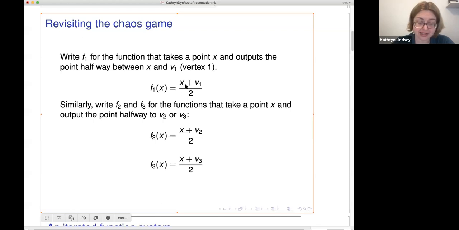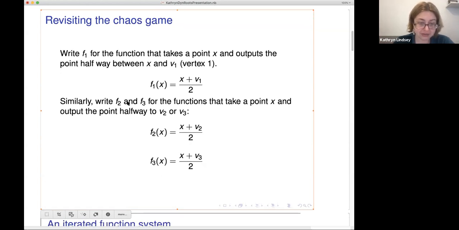So that'll take x and give us the point that's the average of x and v1. And then we can write the other 2 functions that take a point x and contract halfway towards v2 or v3 in the same way. So we take x, and then we find the coordinates of the corresponding vertex, and we take their average to go half of the distance toward that point.